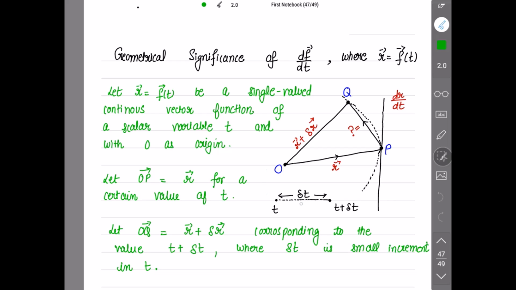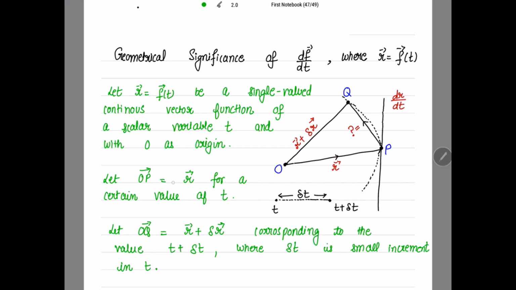You can look at the figure. This is the origin o and I have taken a point P whose position is r vector and another point Q whose position from o is r vector plus delta r vector, where delta r is a slight change in r vector.